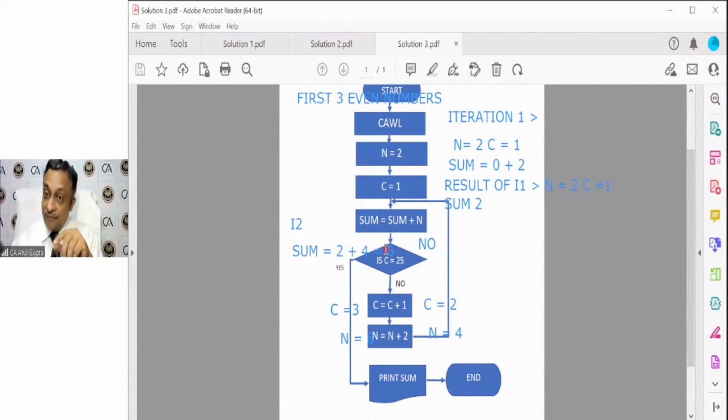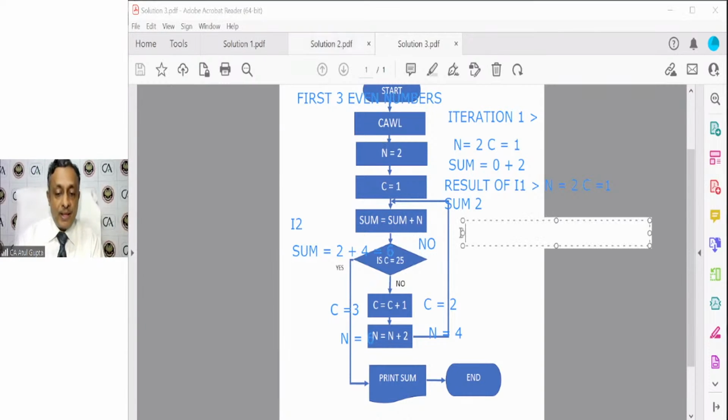Now, in your iteration 3, I3, sum will be equal to 6 plus 6, which is 12.